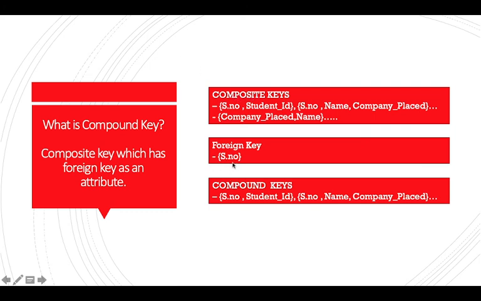It was linking us to the primary key of the other table, and composite keys were nothing but grouping of super keys together. So compound key is a key which has a foreign key in it. So all the composite keys which have the foreign key, that is sign number, in them, we can choose them as our compound keys. All right, I hope the concept is clear.